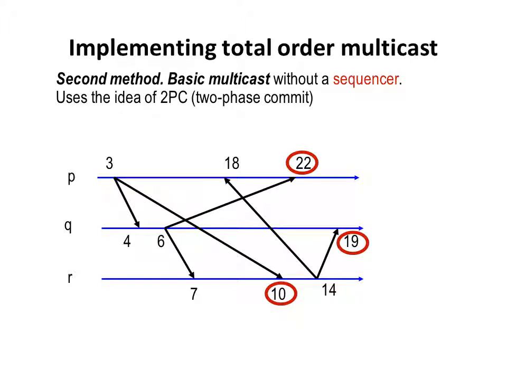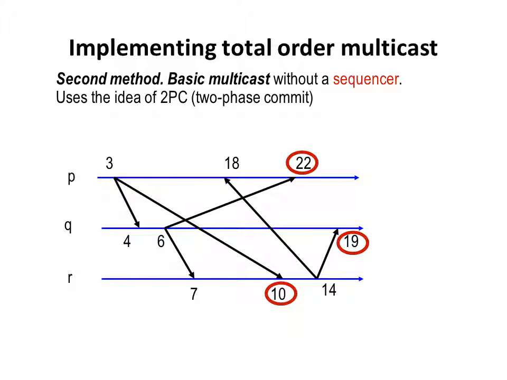Okay, so when it comes to the two-phase commit method of ordered multicast, there may be a problem-solving question. So you don't need to remember the algorithm. However, you do need to know how the algorithm works, because there may be a problem-solving question.